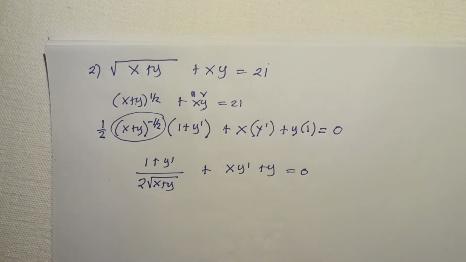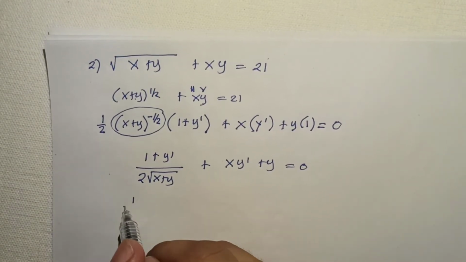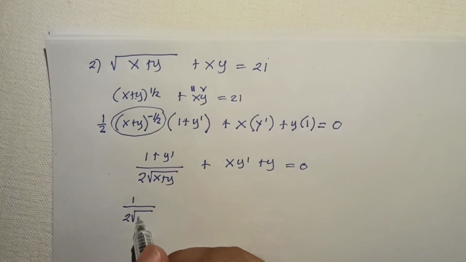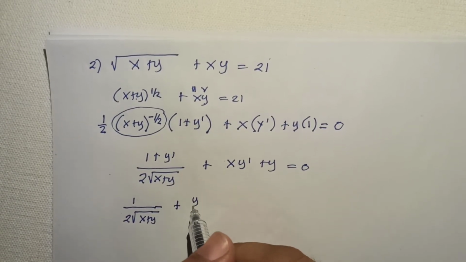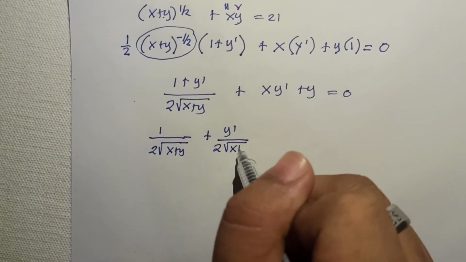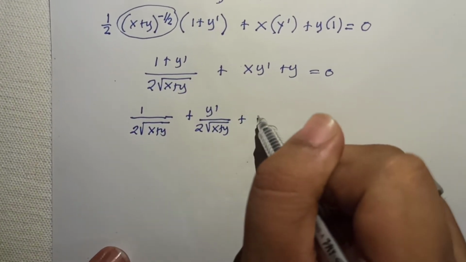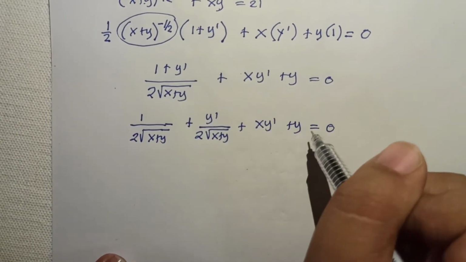So we could express this part as 1 over 2 square root of x plus y. You have to separate this: plus y prime over 2 square root of x plus y, plus x y prime plus y is equal to 0.